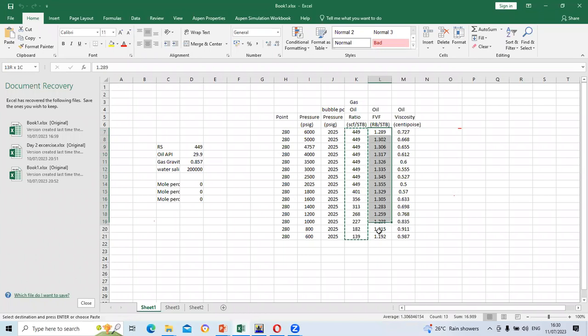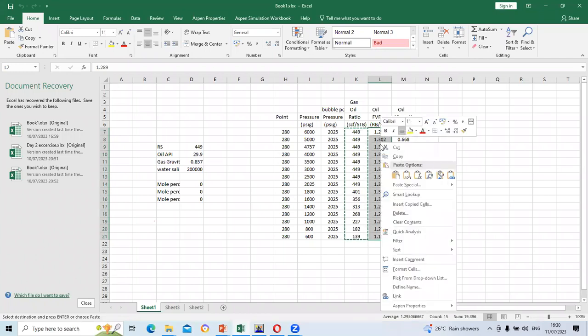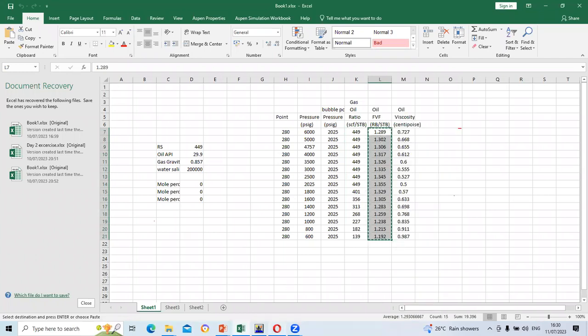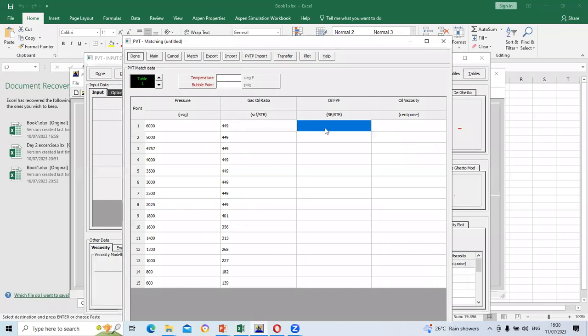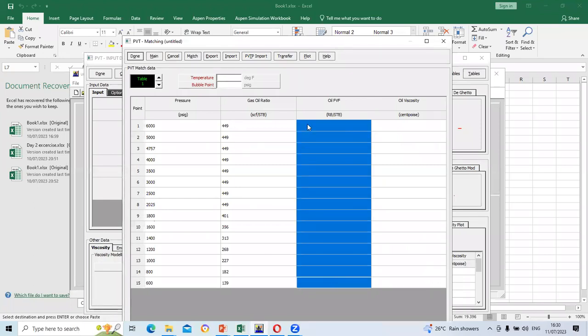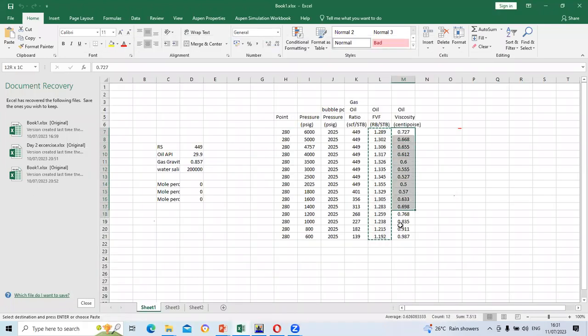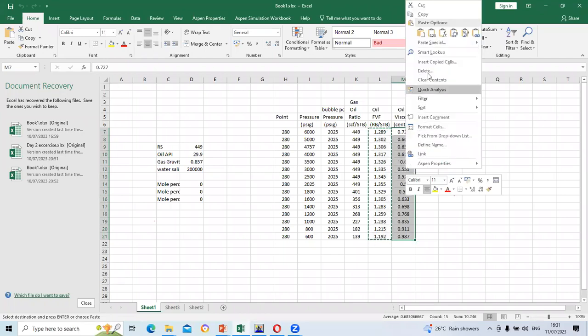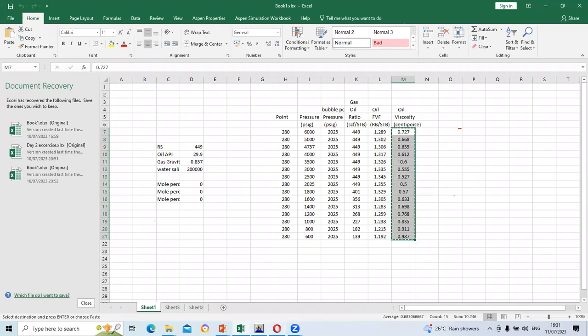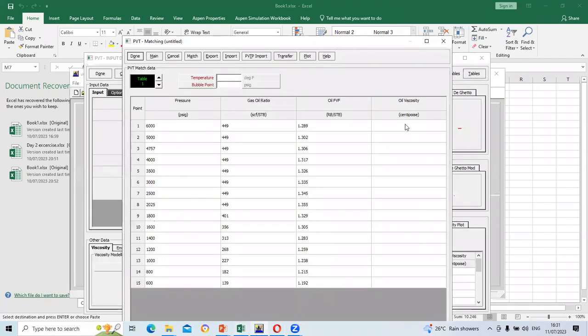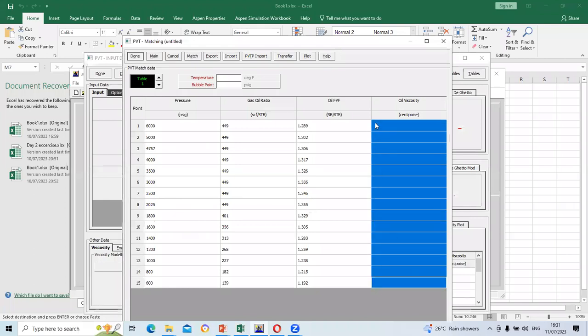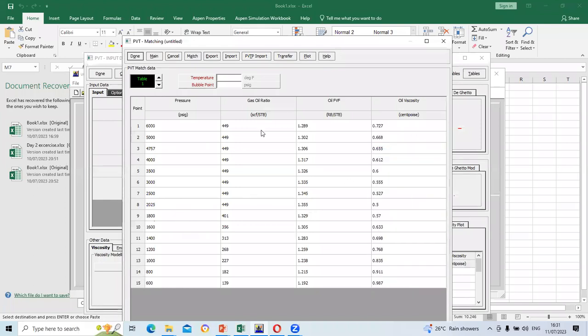Then we have the oil formation volume factor. Remember, you see the values are greater than 1. As I explained, they have to always be greater than 1. I paste there. Then oil viscosity. I will copy, and then I will paste.